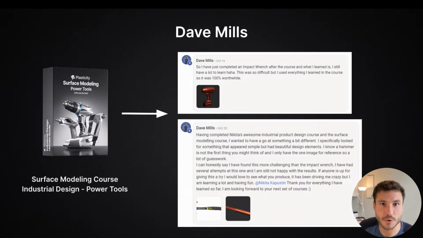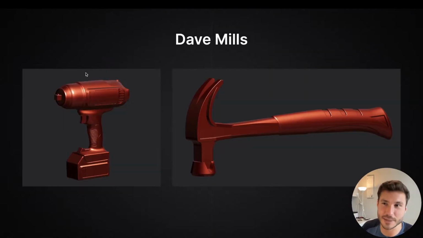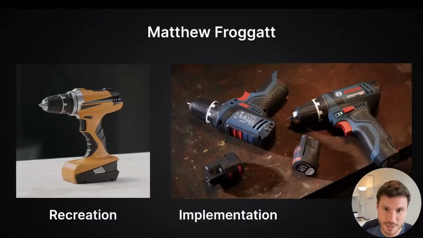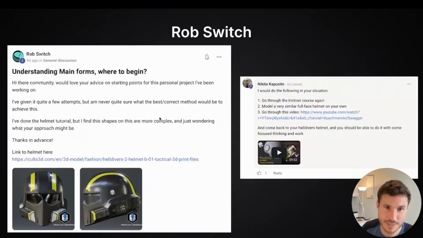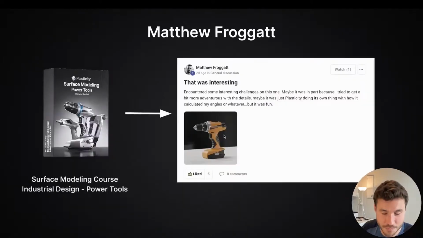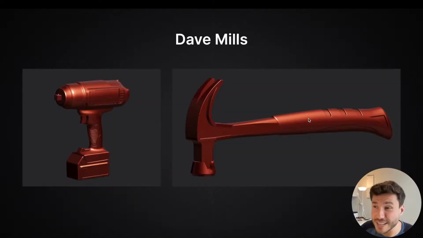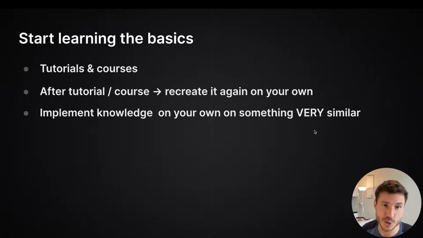When you buy, for example, a helmet course or a motorcycle course or this power drill course, it doesn't mean you can afterwards only create helmets and motorcycles, right? I'm showing you exactly this instruction, but you can create almost any project afterwards, because I teach you the main basic fundamental techniques, workflows, and tools that you can then implement in your own ways.